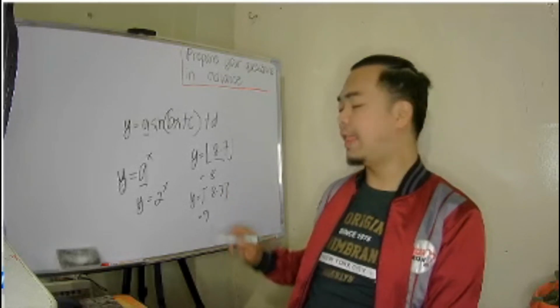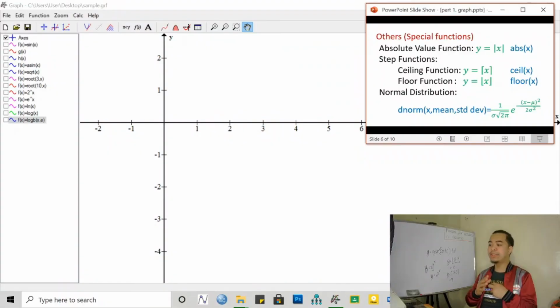So that is our ceiling function, and that is what we want to graph here. Maybe we want to memorize the syntax for the graph calculator to interpret the step functions. We have CEIL for the ceiling function of x, and then literally floor for the floor function. For the absolute value function, we have ABS.